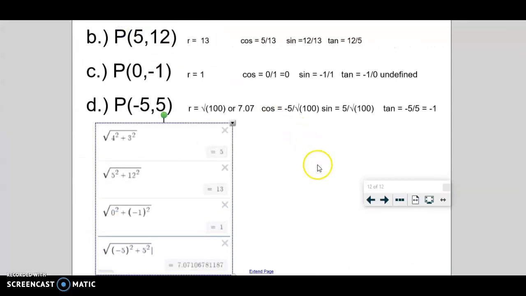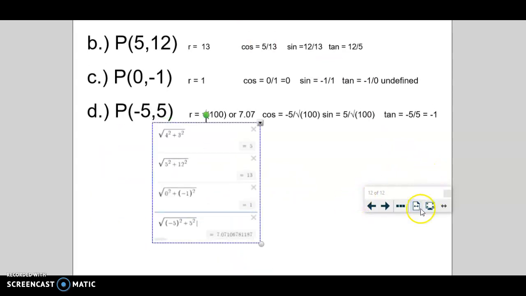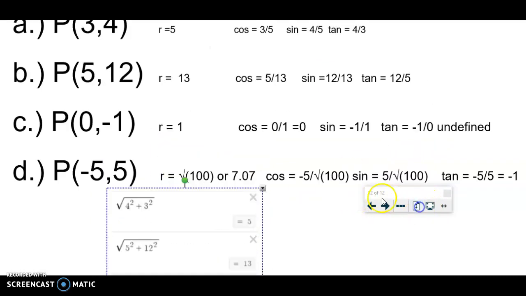I'll leave this up for another minute or two so you can look and check your answers. Proving to be a little more challenging than I thought.